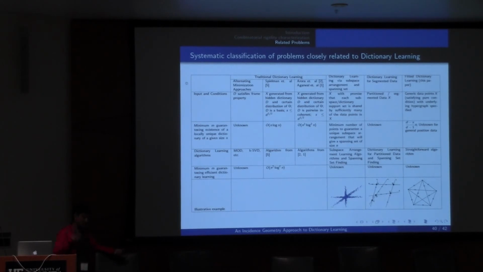Now, as to whether the geometric techniques are the best to use for this problem, or whether to just use some kind of very general statistical method like KSVD or something, I don't know. I can't answer that.